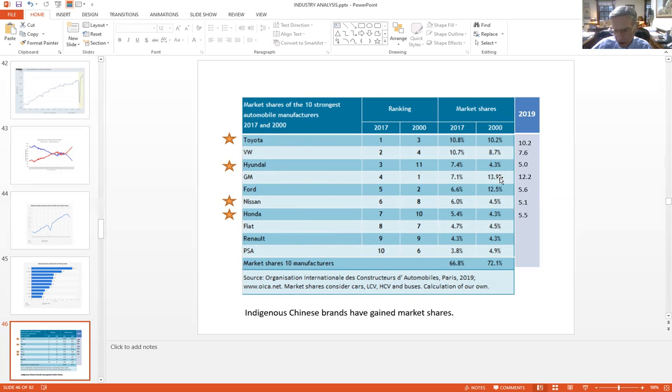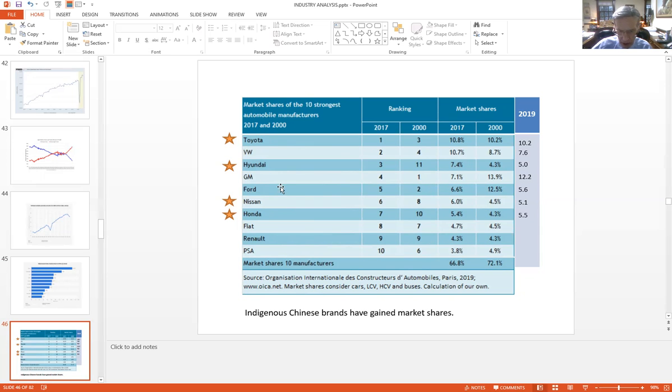It was almost 14%. By 2017, it had dropped down to 7%, and last year in 2019, 12%. I think that based upon the tough situation in China and the strains between the US and China today, GM's market share in China probably has dropped below 12% again.